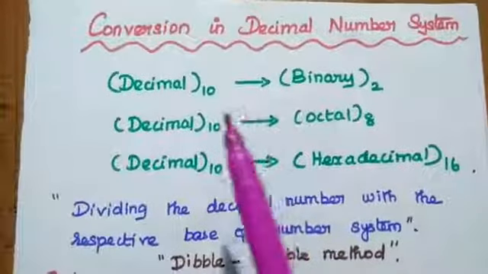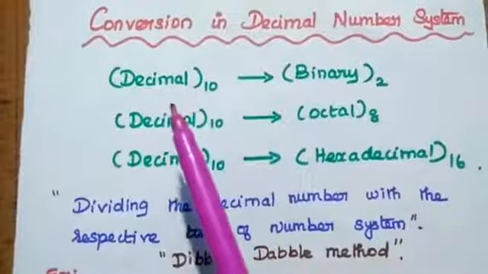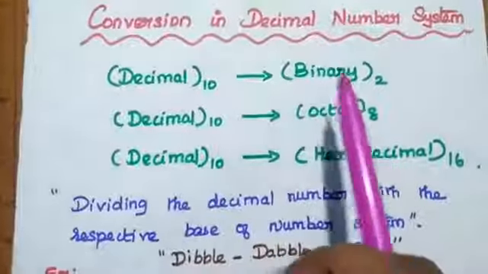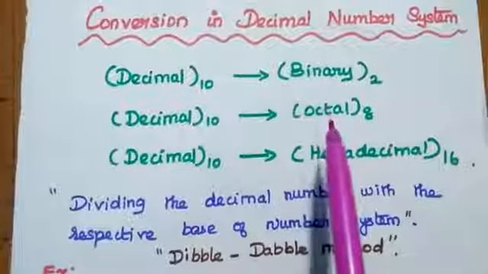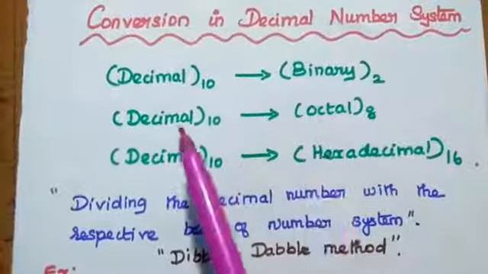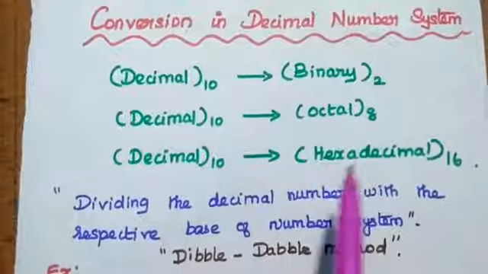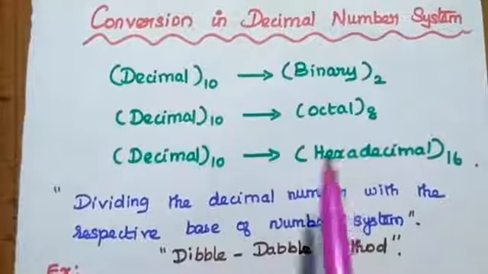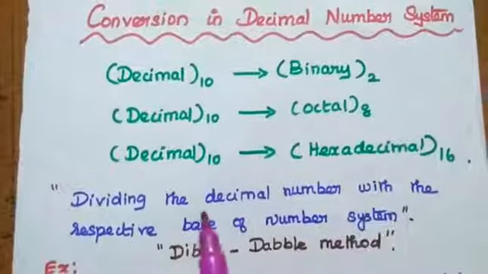If the decimal is converted into binary, we divide by the base of binary, that is 2. Decimal to octal means dividing the given decimal number by 8. Likewise, decimal to hexadecimal means dividing the given number by 16.